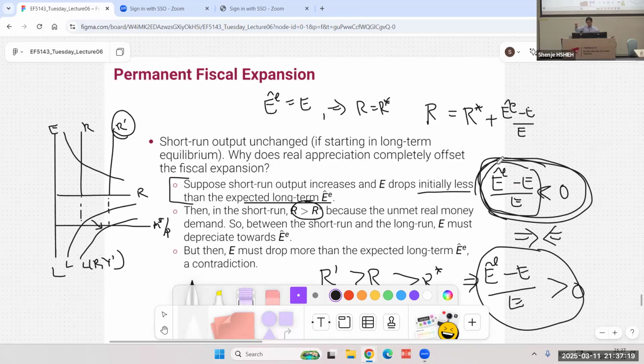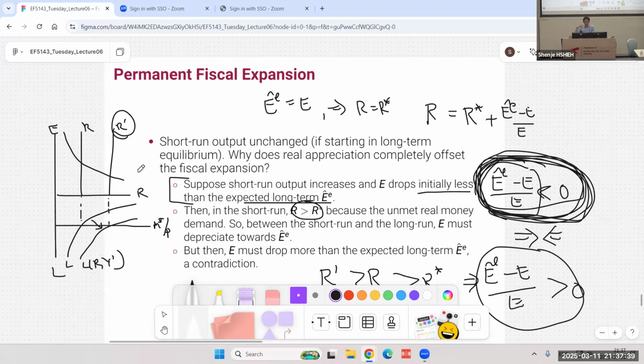A very small number minus a bigger number gives you a negative number. So this is our conclusion based on the graph: if an output effect is possible, then this must be true. Expected depreciation is negative.